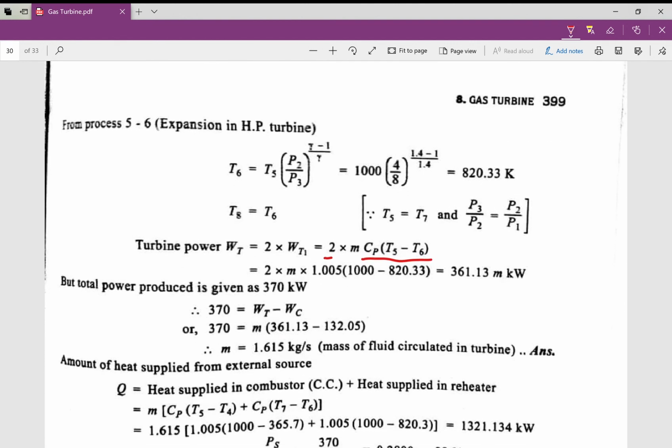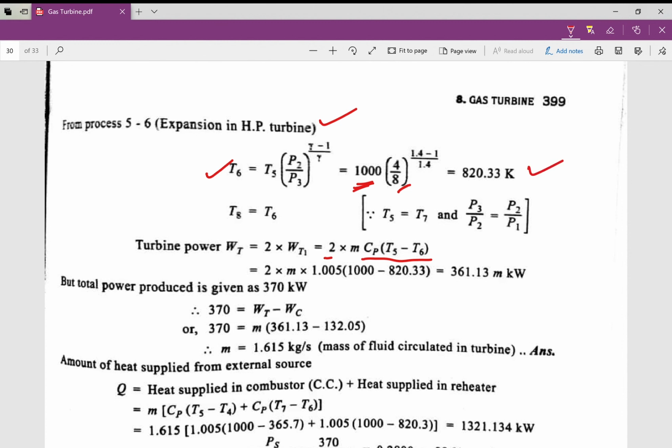Now from process 5 to 6, that is expansion in HP turbine, turbine number 1, high pressure turbine. So with general fundamentals we can write like this. This value is already given to us. Pressure ratio is also calculated. We can calculate value of T6.